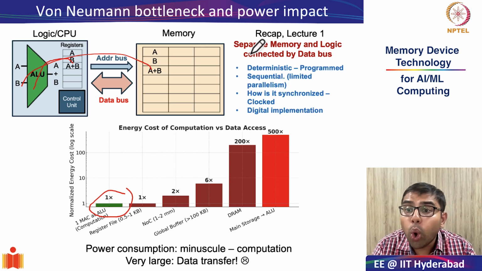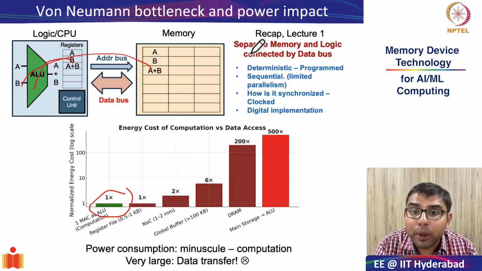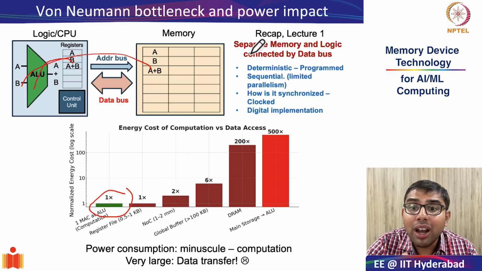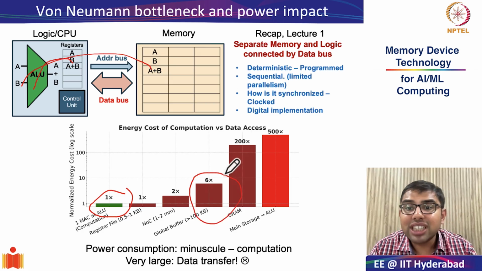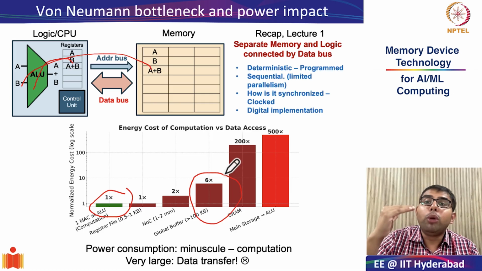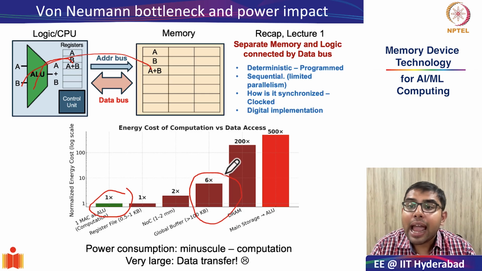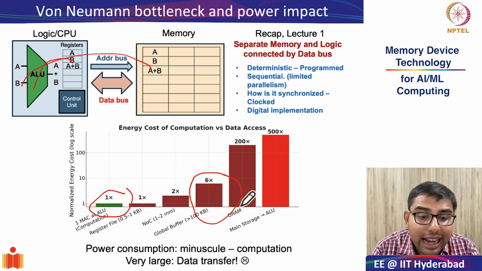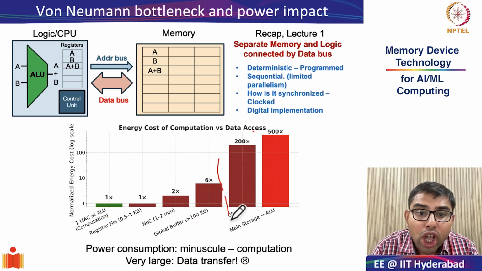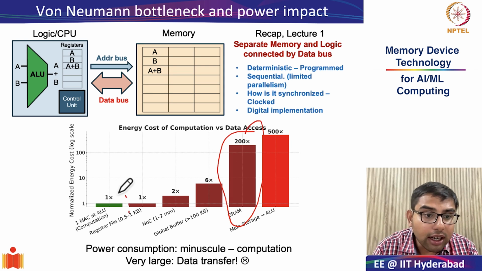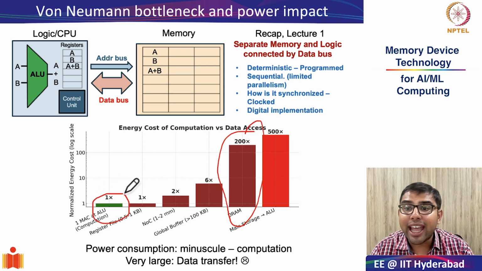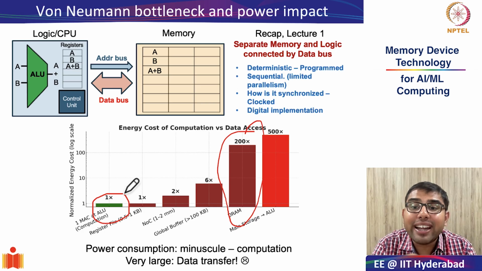But as we go to the global buffer, which is nothing but the L4 or L3 cache, the cost becomes almost 6 times. And accessing the DRAM, which is the main memory, costs 200 times more power than a single MAC operation at the ALU.